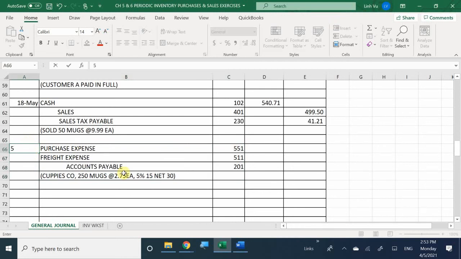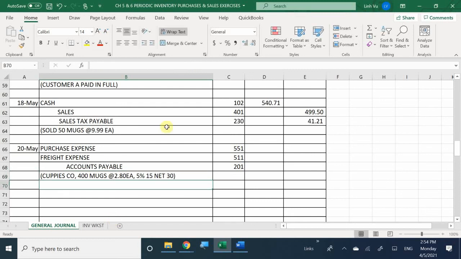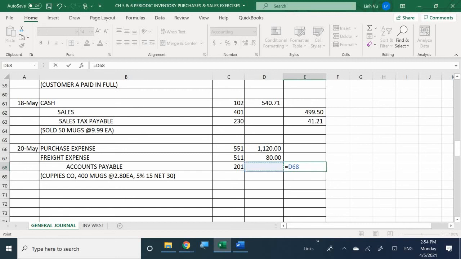So this is May 20th. Okay. And we purchased 400 mugs at $280. So once again, we solved for our purchase price to be $1,120. Freight costing me $80 to give me a grand total of $1,200.